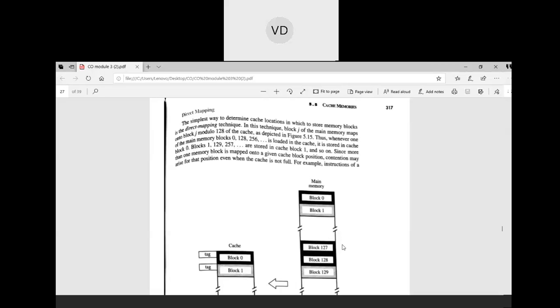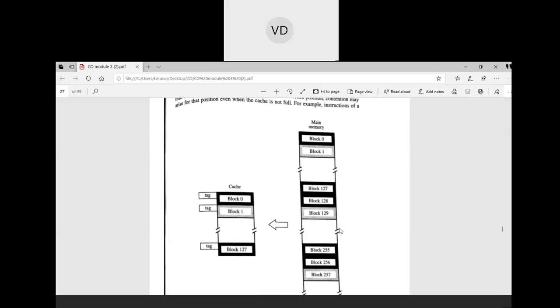Next, we are going for 128 mod 128. Block number 128 of main memory is stored where? 128 mod 128, the remainder is 0. 128 gets cancelled and the remainder is 0. Next, block 256. 256 divided by 128, 128 twos are 256, so there is 0 remainder.